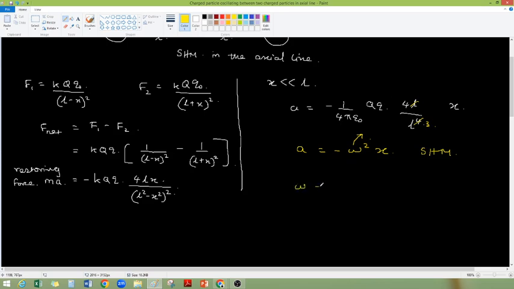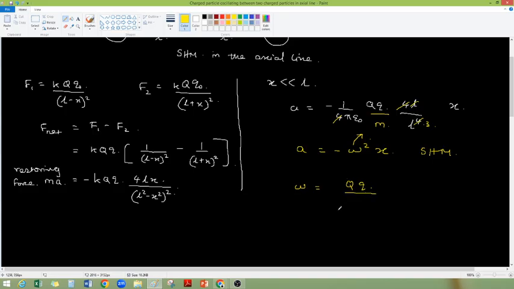So omega is equal to, 4 and 4 will cancel, Q into Q, and very often I forget that the mass comes on this side, so divide by m. So Q by, anything else here?